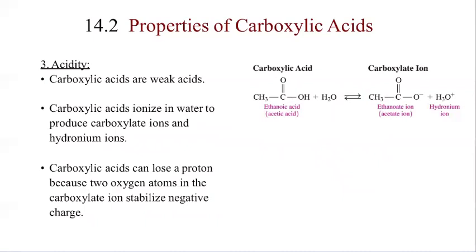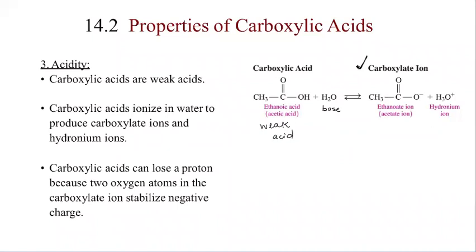So whenever we have a carboxylic acid in the presence of water, understand that since carboxylic acids are weak acids, it's going to donate protons to the base that it is paired with. And in the case of water, when water acts as a base, then in this reaction we are going to form what is called a carboxylate ion.